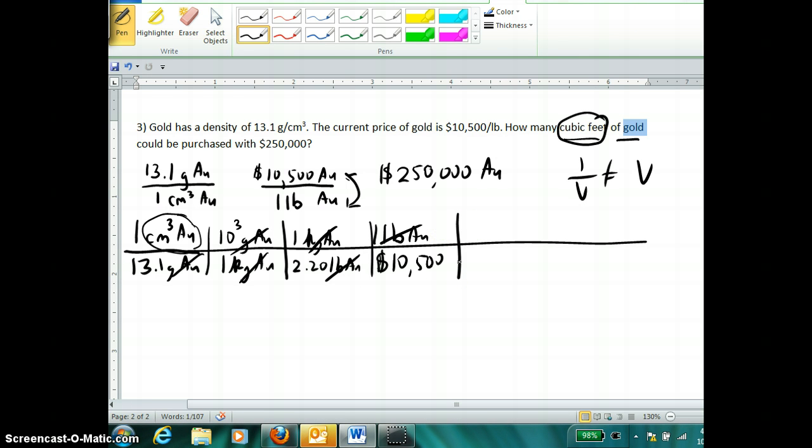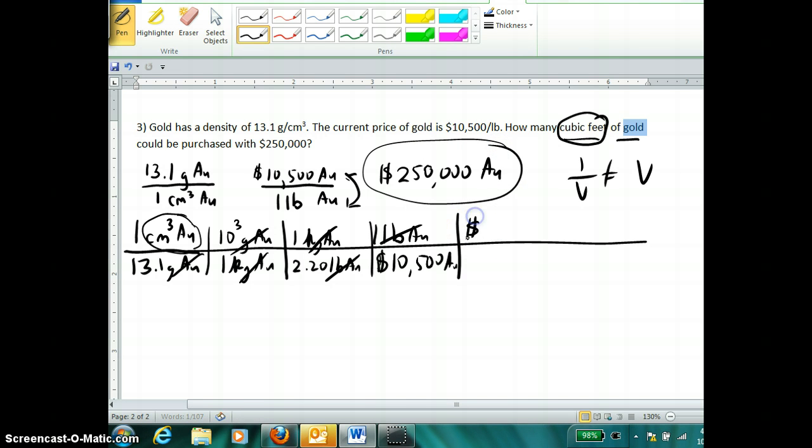But now I have canceled the mass of gold, but I still don't have my answer all by itself because I've introduced a new quantity, the price of gold, dollar signs right there. And so, of course, I need to cancel price of gold, and the only thing that cancels price of gold would be a price of gold. There's a price of gold right there.